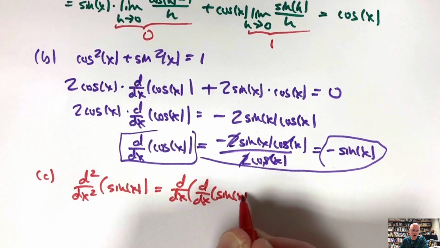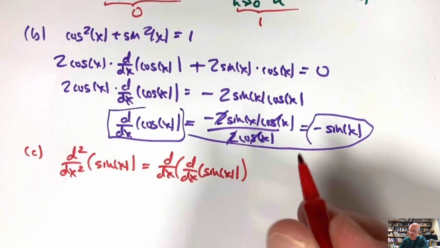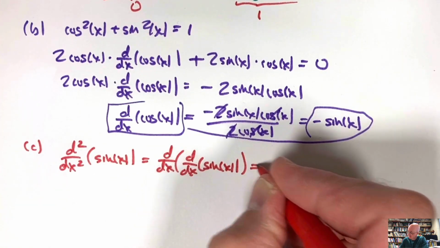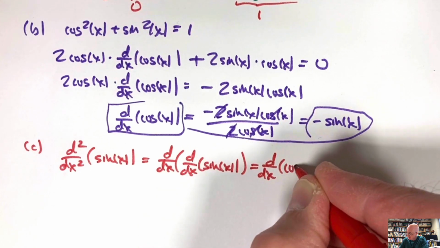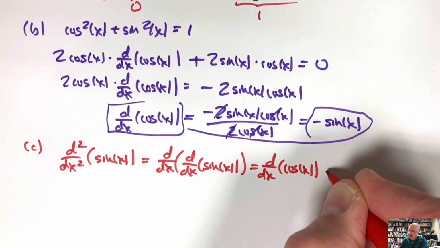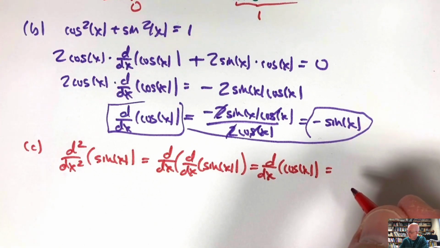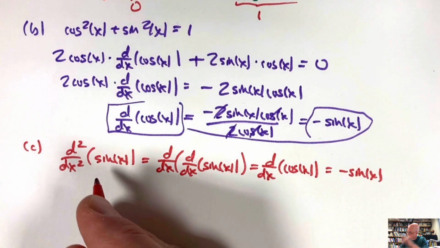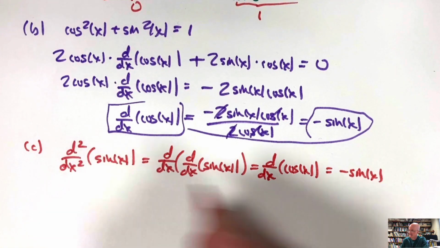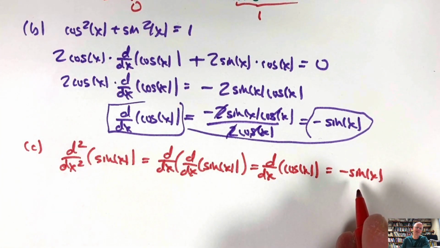You can just use prime notation if you prefer here, but I kind of like d dx notation. It's fun. We already found the derivative of sine of x is cosine of x. And we also just derived that the derivative of cosine of x is negative sine of x. Interesting. The second derivative of the sine function is the opposite of itself.